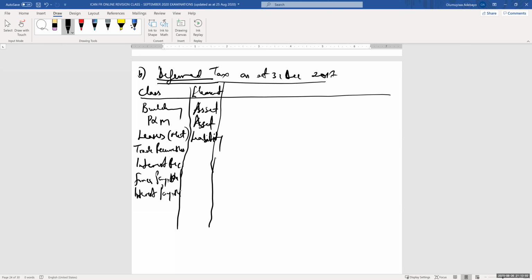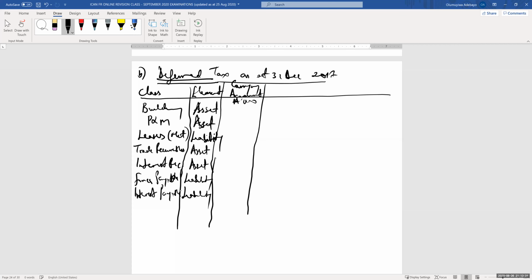Okay, trade receivable. Trade receivable is an asset. Interest receivable is an asset. Fines payable is a liability. And interest payable is what? A liability. Now, what do we need? We need the carrying amount, in figures in thousands. Now, what is the carrying amount of building?